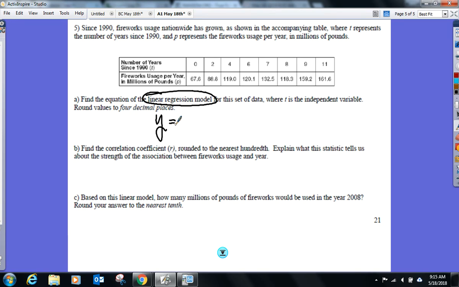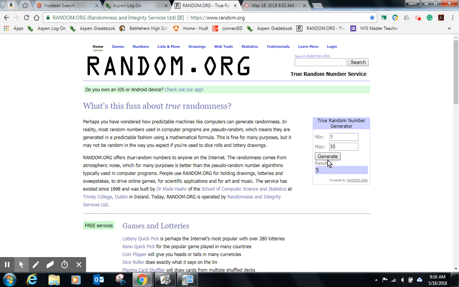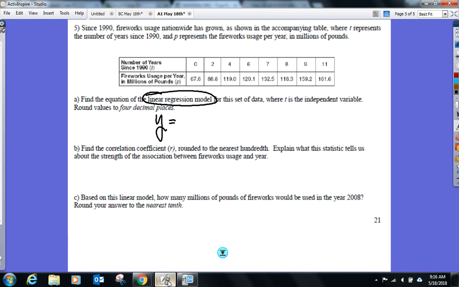You're rounding it to 4 decimal places. 4 numbers after the decimal. Y equals 4 numbers after the decimal now. When you're ready. Here you go, 5. When you're ready. Y equals.